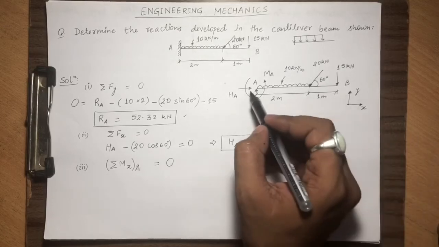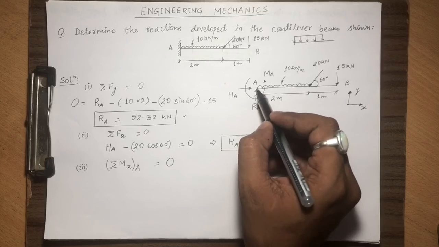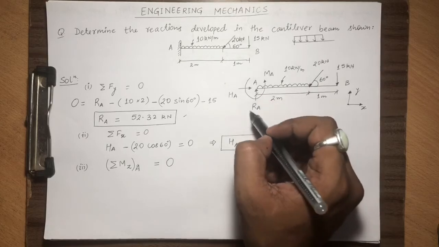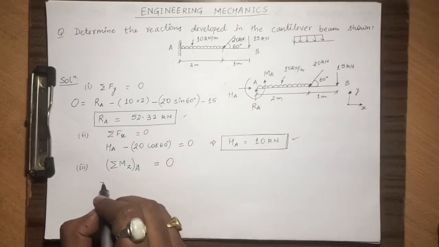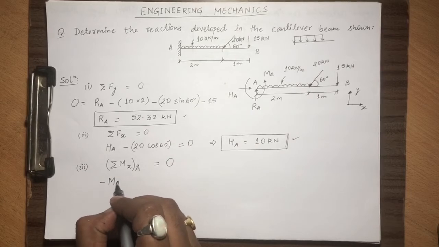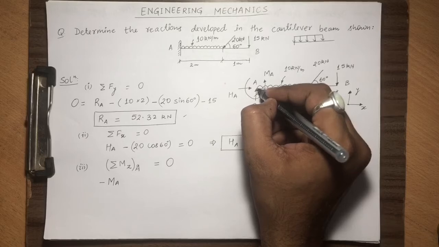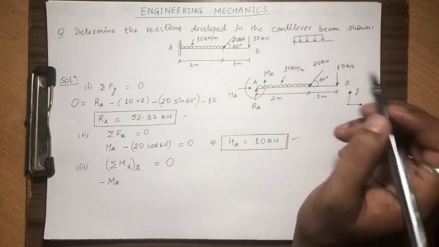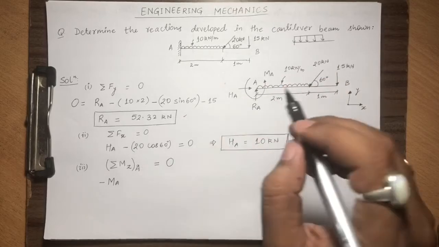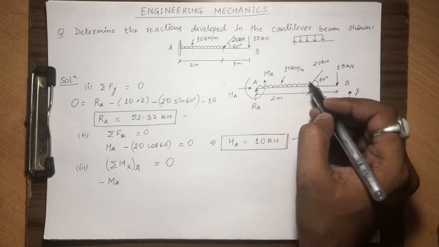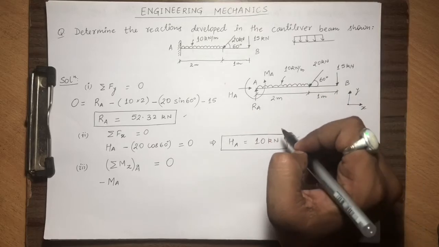So at this point we are taking moment of all the forces about this point. So this moment is acting in anti-clockwise. So first minus MA. Okay, point is here. You have to check this point for each and every force. This moment will come as it is. So this 10 kilonewton UDL is acting along 2 meter.